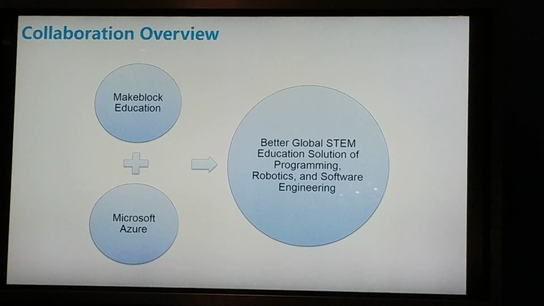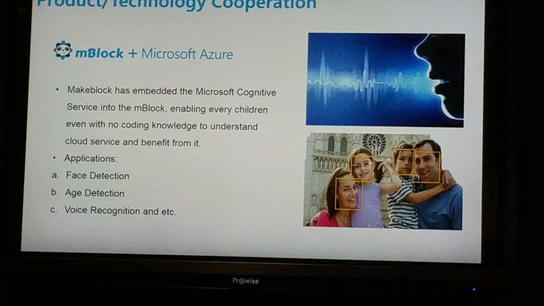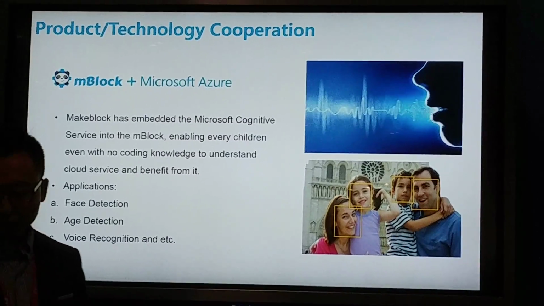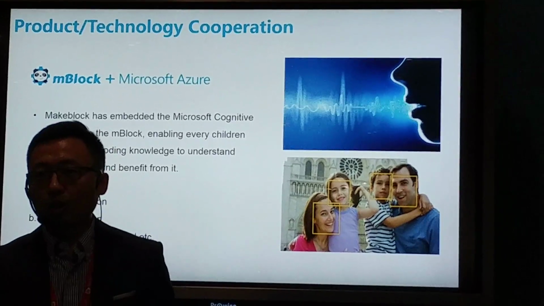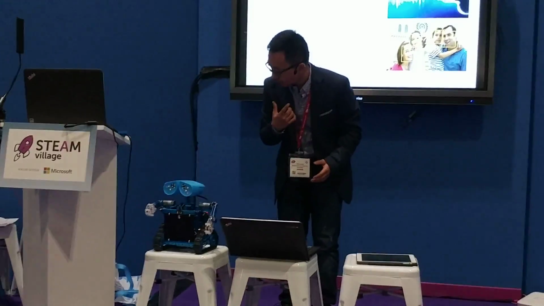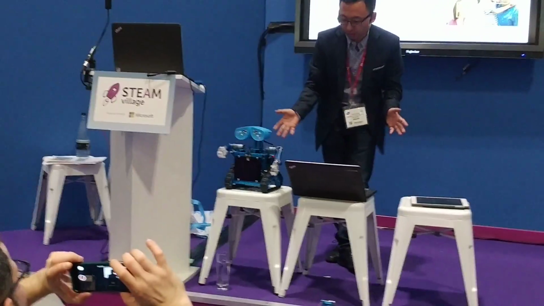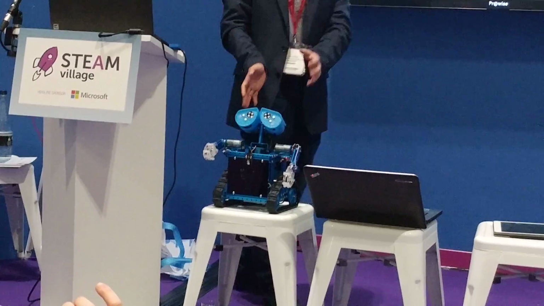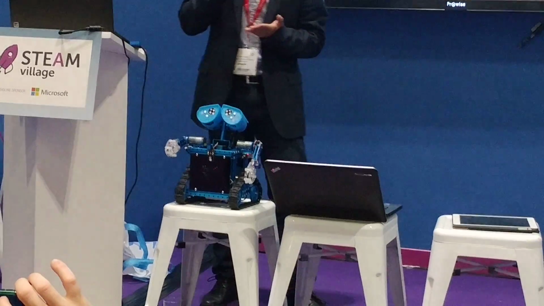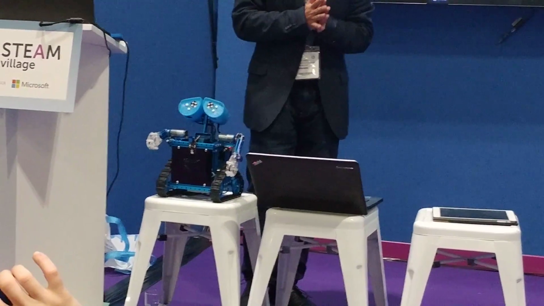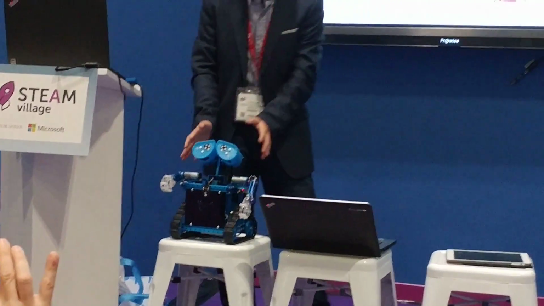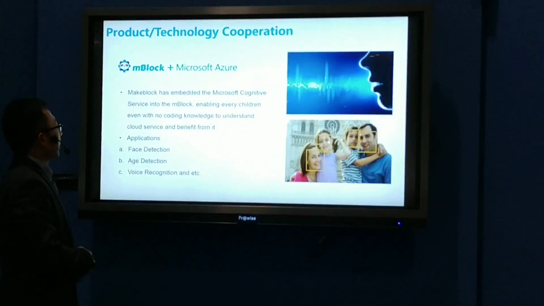As we go to the global market and focus on education, one example you can try is this robot. When we build it, this is the Wall-E. It can recognize your face, so when you turn left or turn right, it will follow you. It's so smart, and this is only the baby version. If you have the foundation and learn step 1, 2, 3, your students can do thousands of things.